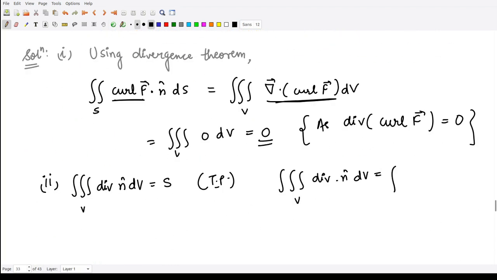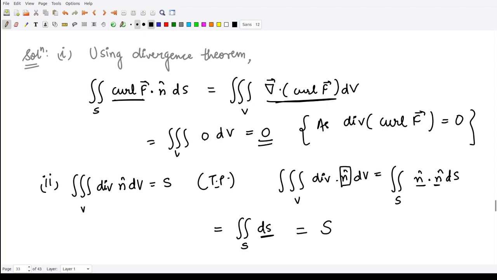So it would be the double integral over S of ds. And if you take this surface integral over the whole surface, it would be equal to the complete surface itself. So this is what we wanted to prove here.